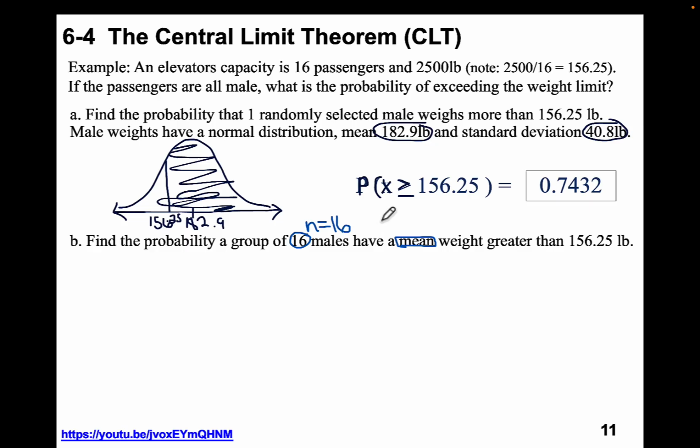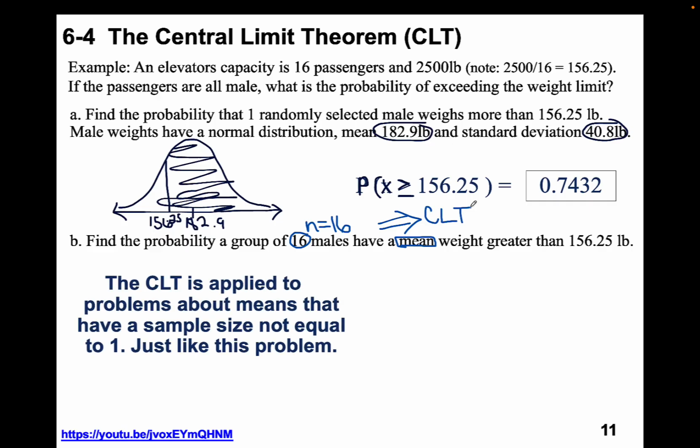And these two things combined are what inform us that we need to use the central limit theorem. I'm going to show you how to do that first before the video and the actual theorem. The central limit theorem is applied to problems about means that have a sample size not equal to 1, just like this problem.